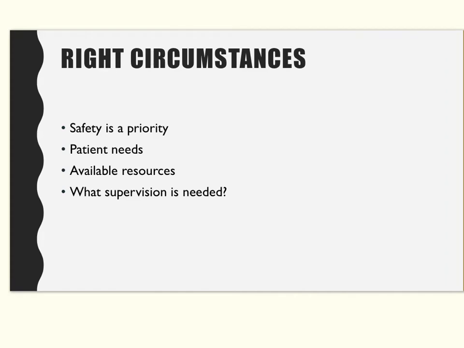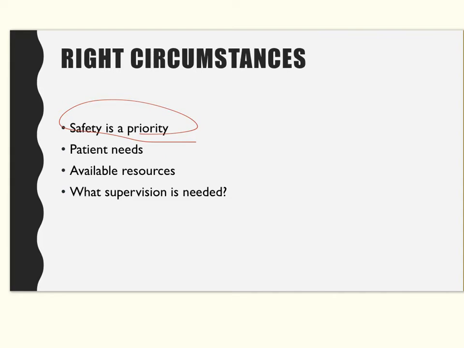The right circumstance. You need to remember every situation is different. What might be considered the right circumstance one time might not be the right circumstance the next time. So just remember, what is the priority here? The priority here is safety. So when you are delegating a task, you need to look at the circumstances and think, what is the expected patient outcome?